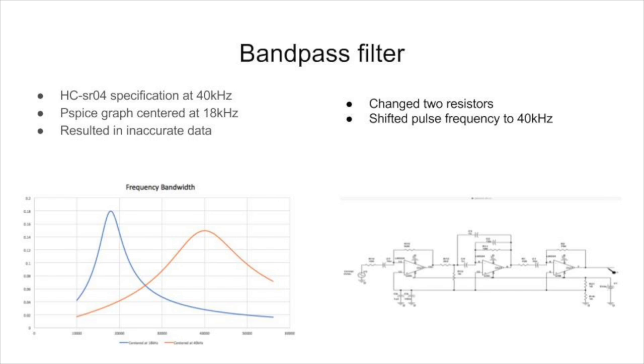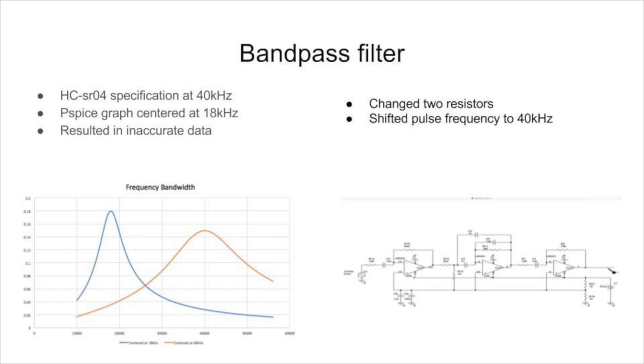And as we input a specific portion of the schematic into PSpice, it generated a bandpass filter where the original bandpass filter was centered at 18 kilohertz, which is not up to the specifications of the HC-SR04, where it was supposed to be centered at 40 kilohertz.